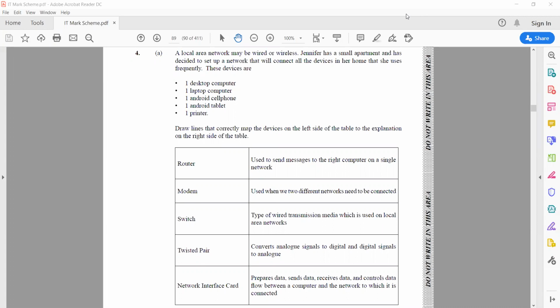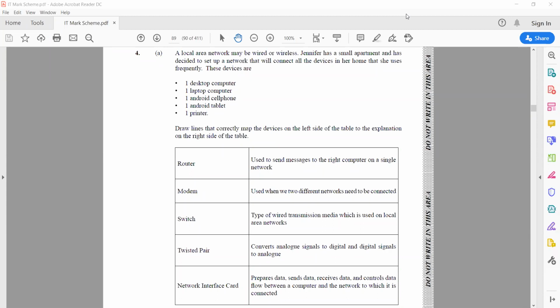So I'll just go through it, right? The router is actually used when you're connecting different networks. So the second option, used when two different networks need to be connected, that is the router. The router device will be used there. The modem converts analog signals to digital signals, and vice versa, digital to analog. So that's router and modem.